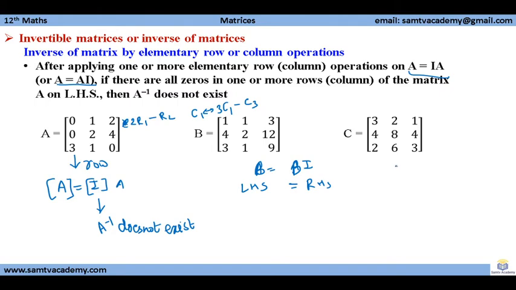Similarly, in this matrix also, if you are performing column operation, C equals CI, then we see that if C2 is replaced with C2 minus 2C3, it will become 0.